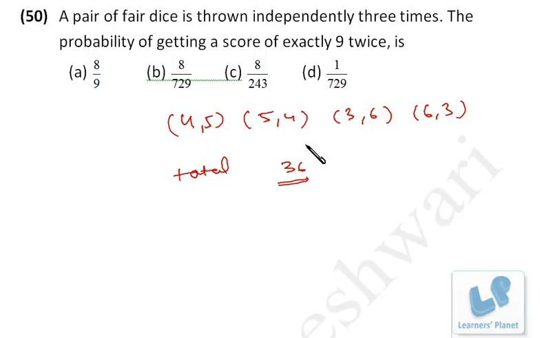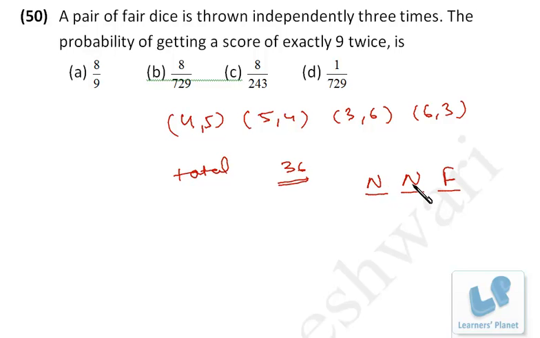Now we have to get 9 exactly 2 times, right? So suppose these are the 3 cases. It's 9, it's 9, and it is non-9, or I can say false, right? So this is a 3-letter word that we have to rearrange, because chances are that we get 9 the first time, not 9 the second time, and 9 the third time, or maybe we do not get 9 the first time and we get 9 the second and the third time.